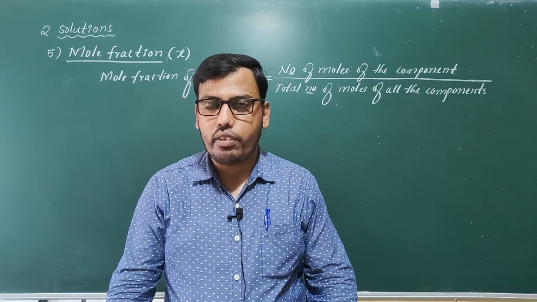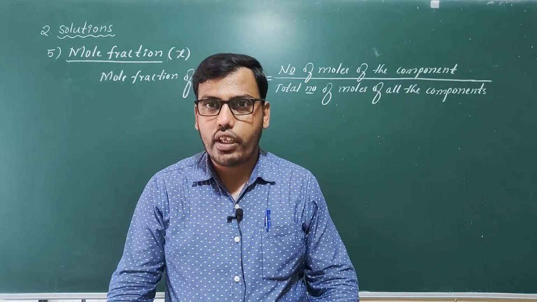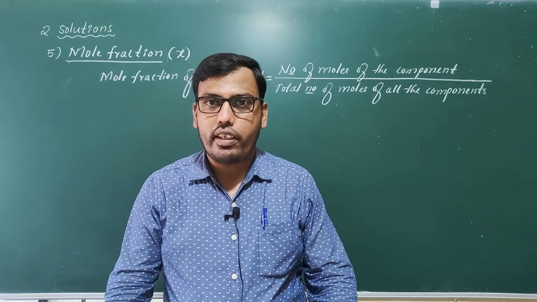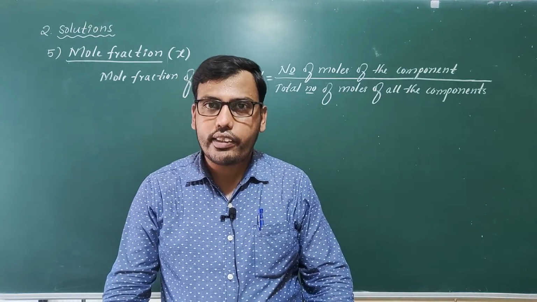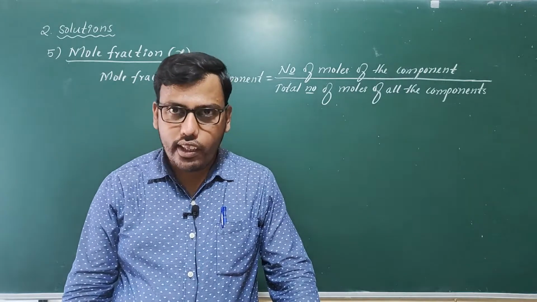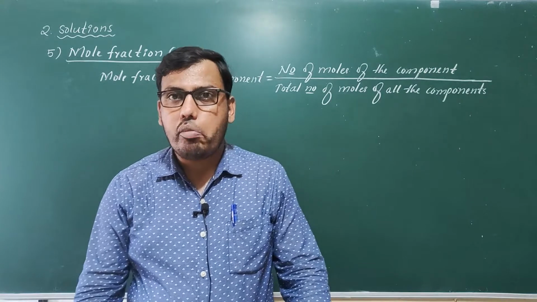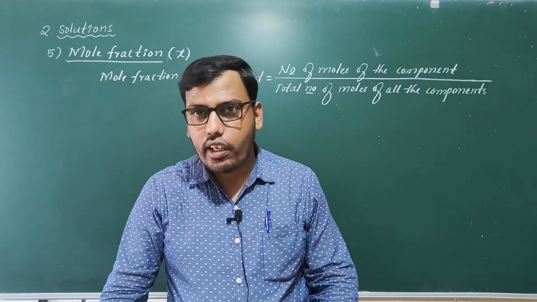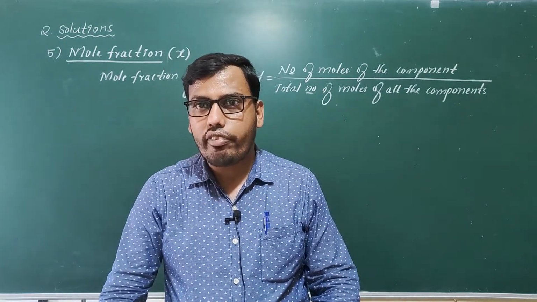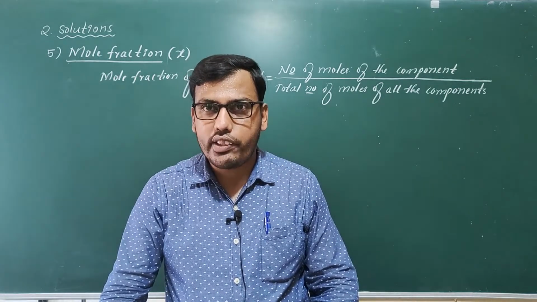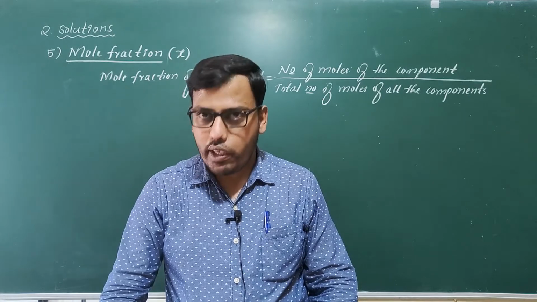A binary solution means a homogeneous mixture of two components, only two components. So in that binary mixture, let us consider there are two components A and B. Let us consider number of moles of A as Na and number of moles of B as Nb. Then let us see how to calculate mole fraction of A and B.